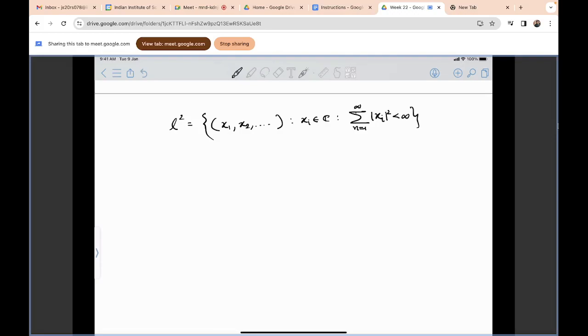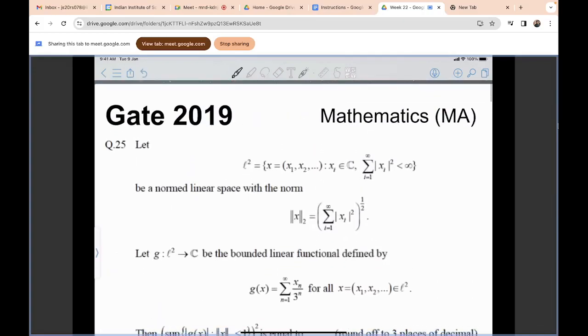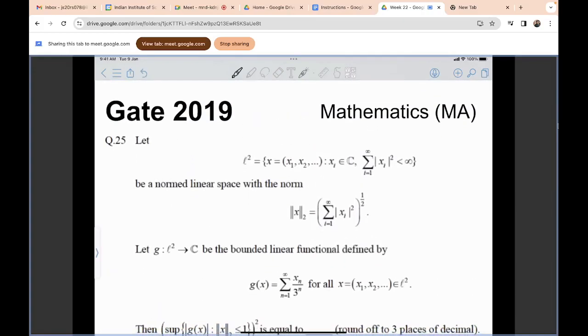What is the norm for x in L2? The L2 norm is given by the summation n equals 1 to infinity of |xn| squared, to the power half.